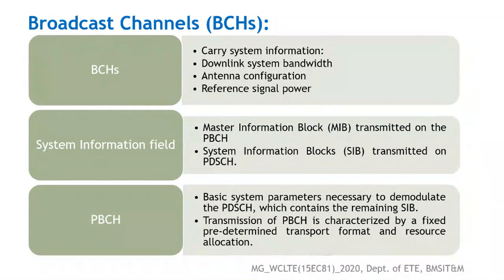Because this system information is very large, it will be divided into two types, or two fields. One is the master information block, that is MIB, which is transmitted on the physical broadcast channel. And another field is the system information block, that is SIB, which is transmitted on the physical downlink shared channel.